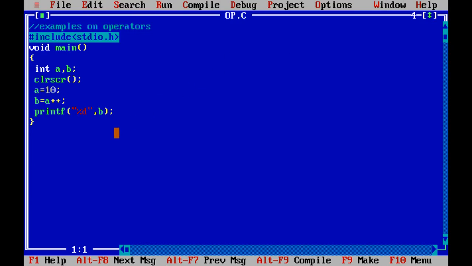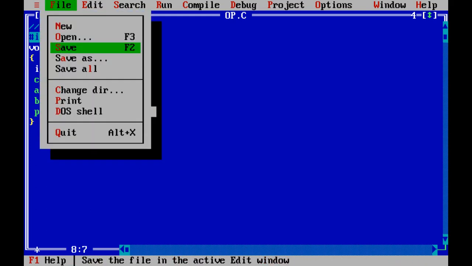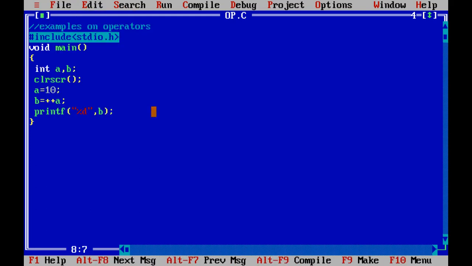Here 10 is stored into this b, and then it is showing the b value, that is 10. Now I am modifying this program to plus plus a.